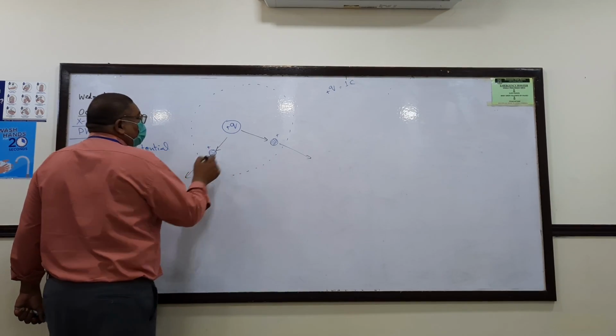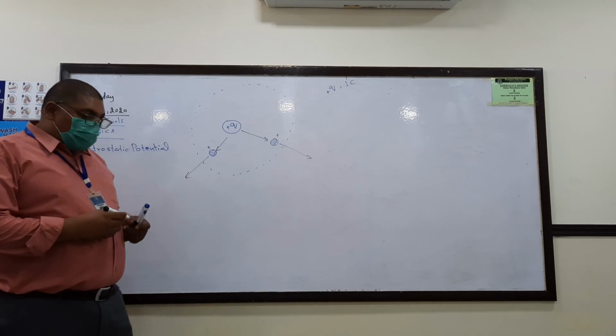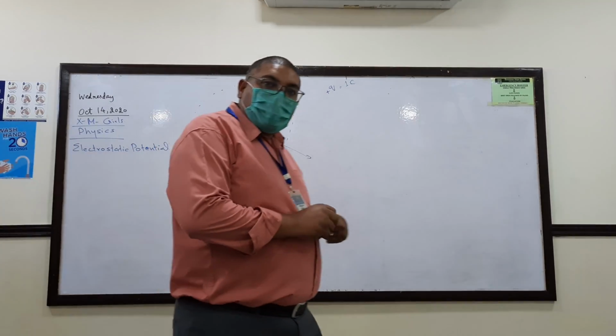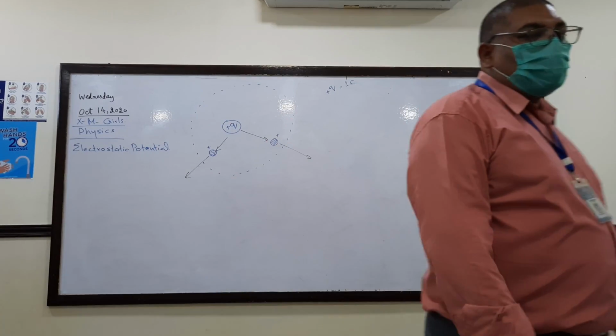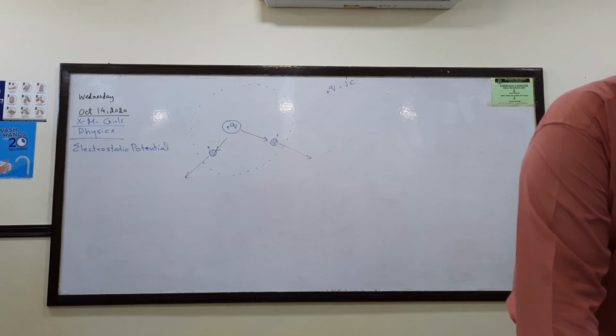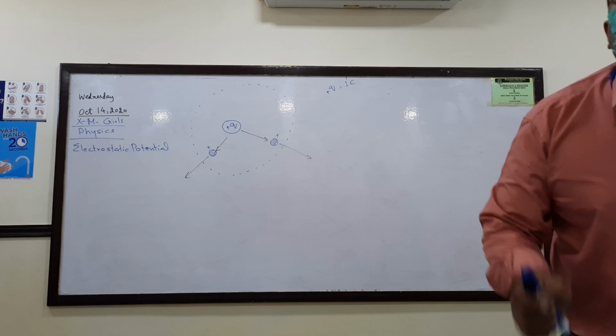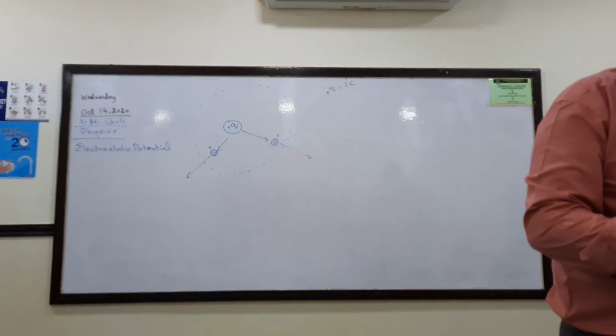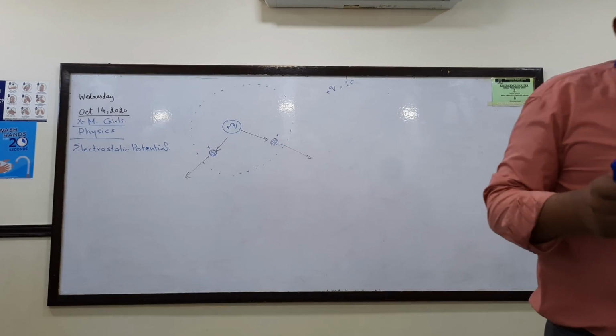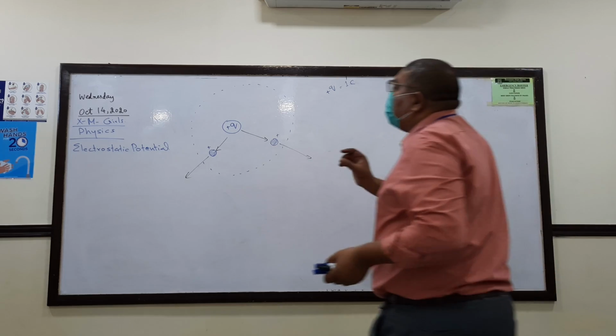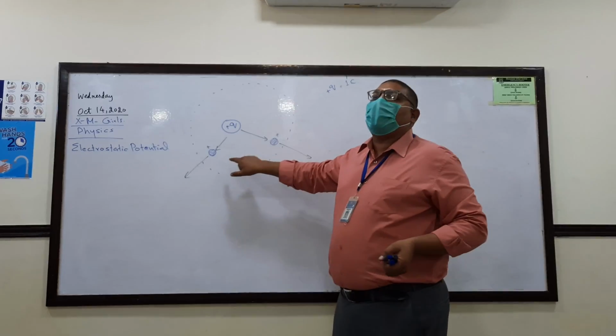So in an electric field, if you want to find out the direction of the electric field, you take a unit positive charge, we call it a test charge, and you put it anywhere in the electric field.